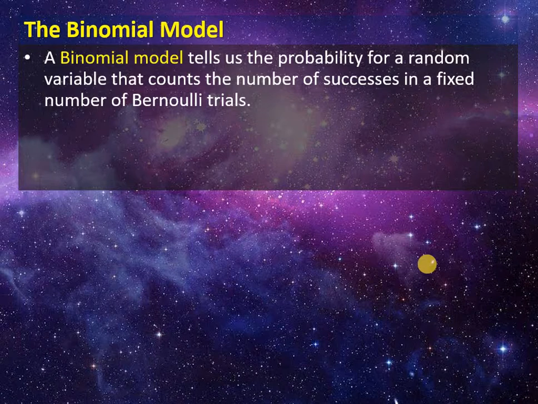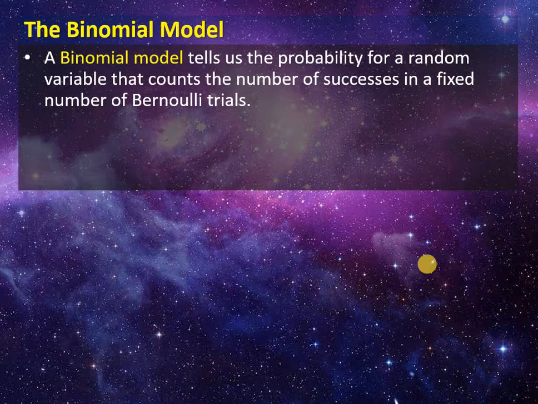Binomial is different than geometric because geometric is go until. Geometric, you're going until you find a success. Binomial, nope. No matter what, you're doing it this many times, and you're going to count how many successes you've got. Boom.